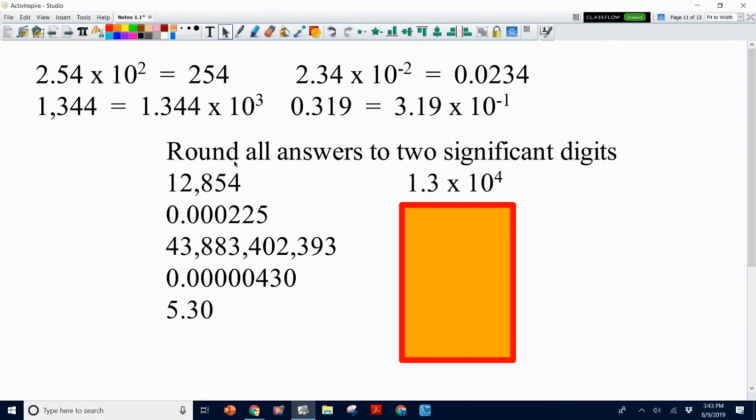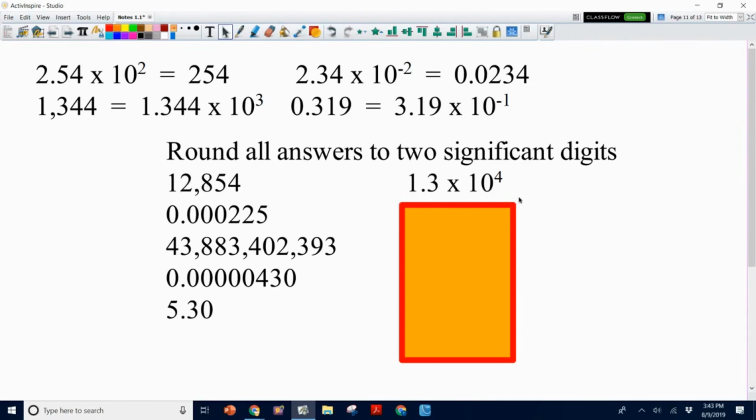But if we look, it says round all of your answers to 2 significant digits. So the 1 is your first significant digit, the 2 is your second significant digit. So we're going to look at this 8 to see if we're going to round the 2. Now remember what I said a while ago, 5 or more, you're going to round it up. So that 8 is going to round that to a 3, so it's 1.3 times 10 to the 4th.